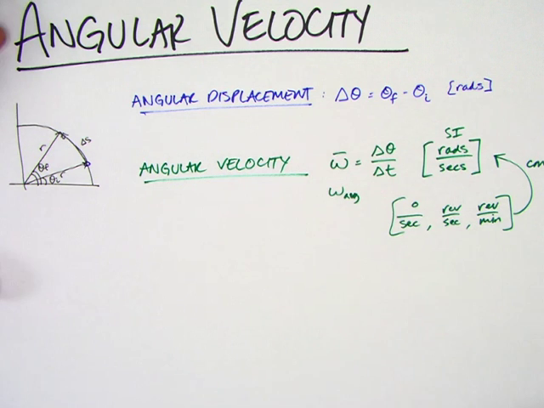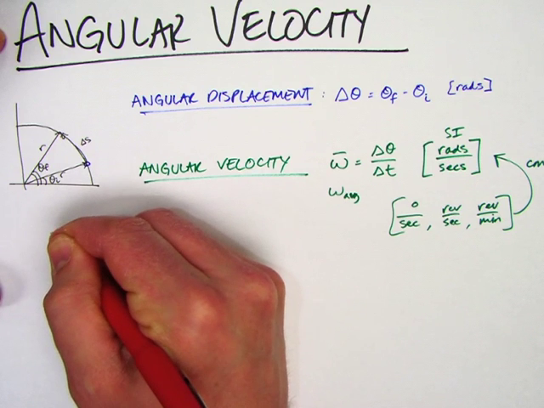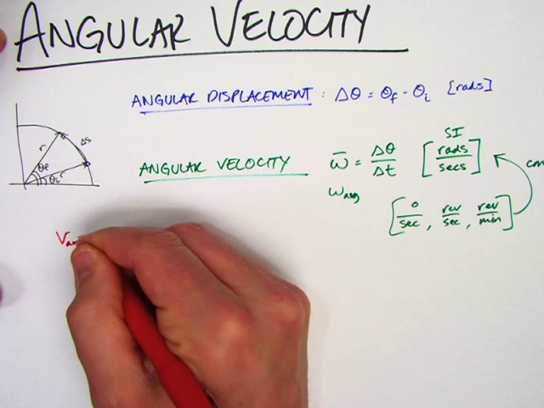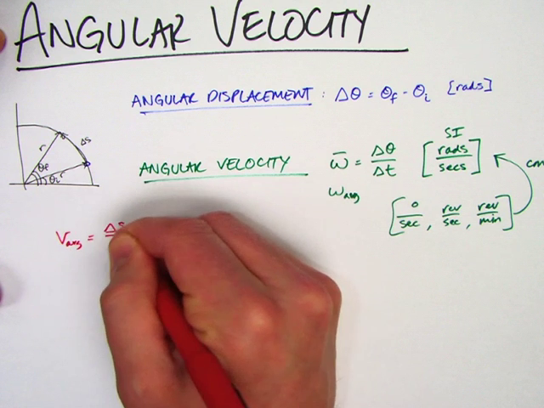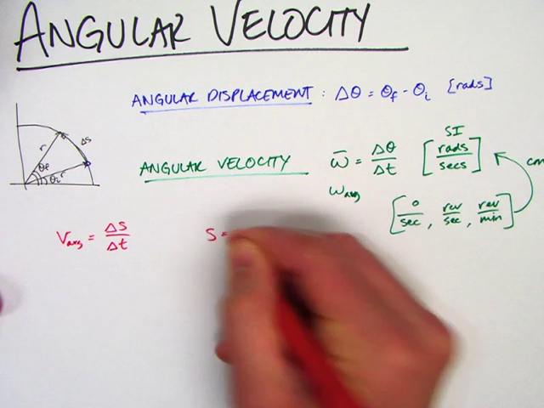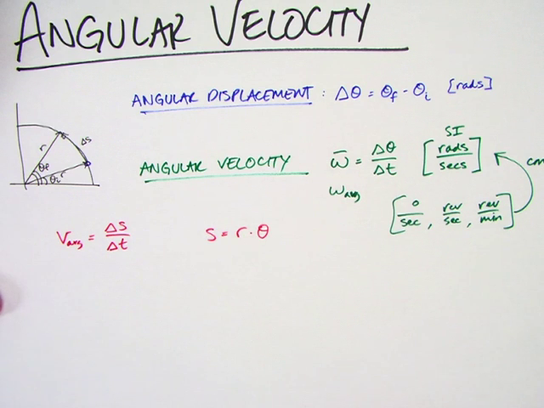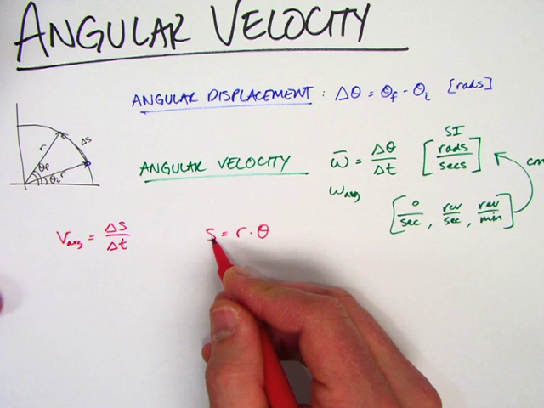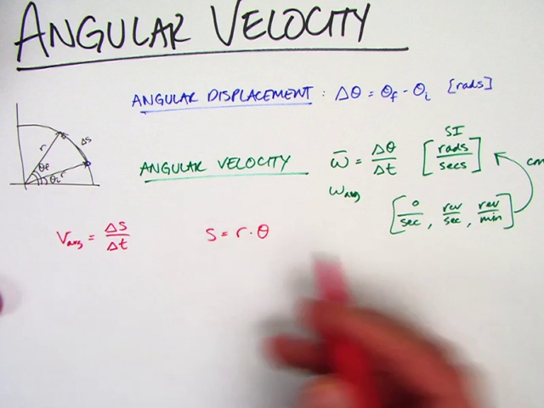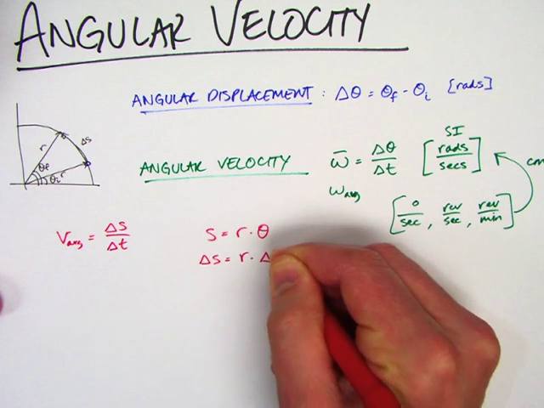So let's take what we knew from the first video, and that is my average linear speed was my change in arc length over time, or how far it travels along that arc length, so delta S over delta t. Well, we also know from the first video that the radius times the angle that it's changed equals the arc length. So if I start at 0 and go some angle, it's S equals R theta, but I could also write this as the change in arc length is R times the change in angle.